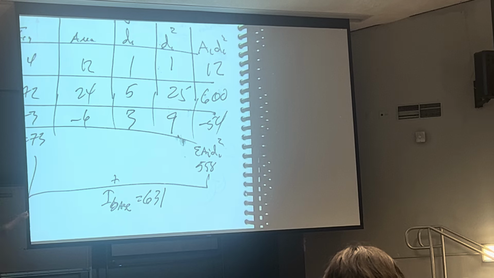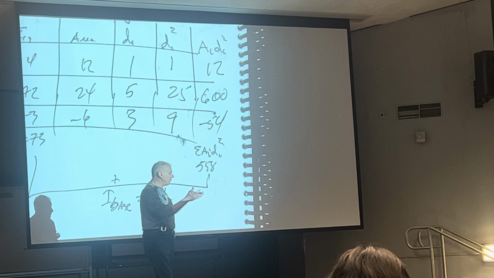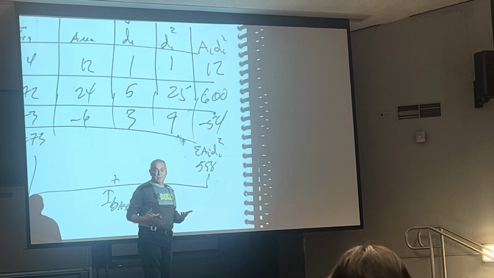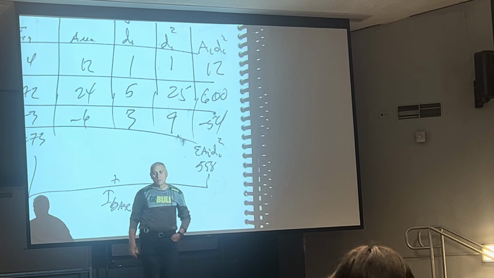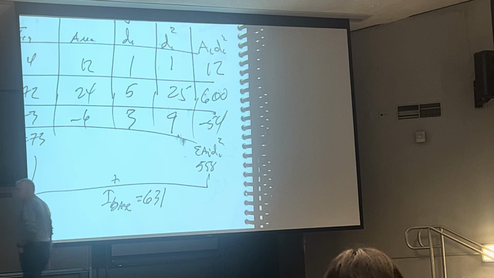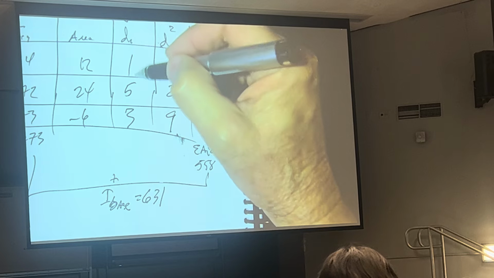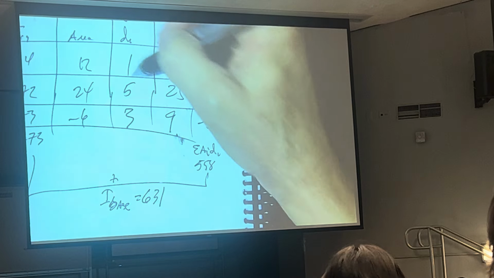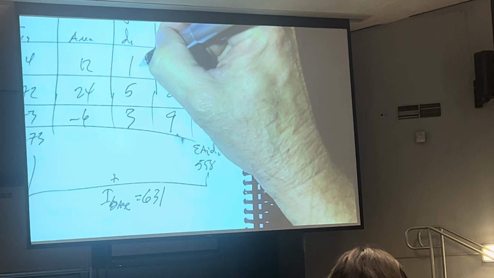Now, did I ask you about the base? No, I asked you about the centroidal. I have the I that goes to the axis at the base. I'm now going to use the parallel axis theorem to transfer it from the base up to the centroidal. But notice, I didn't have to sit there and figure out, oh, half of 2 is 1, 3.8 minus 1 to get the 2.8 that I got back here when I did it without going to the base.